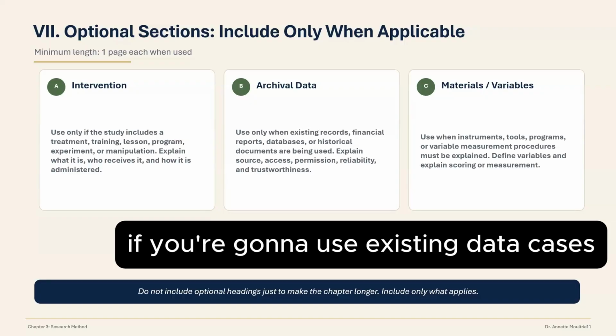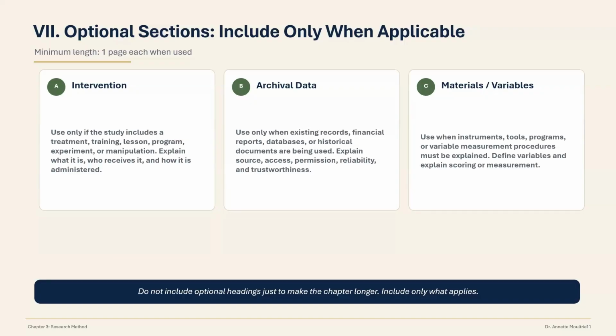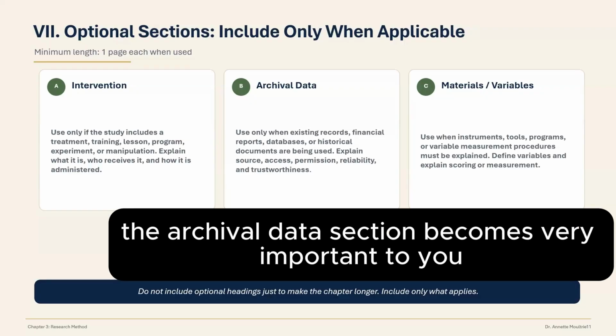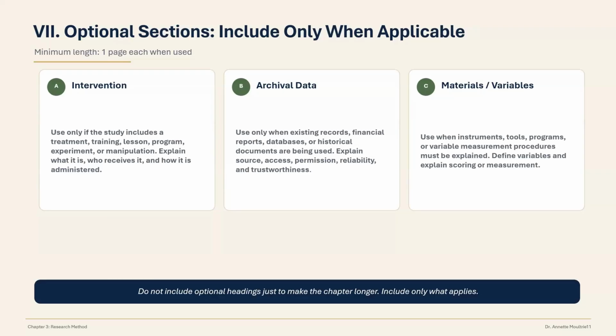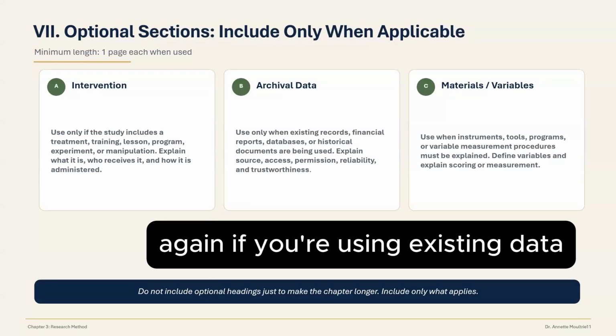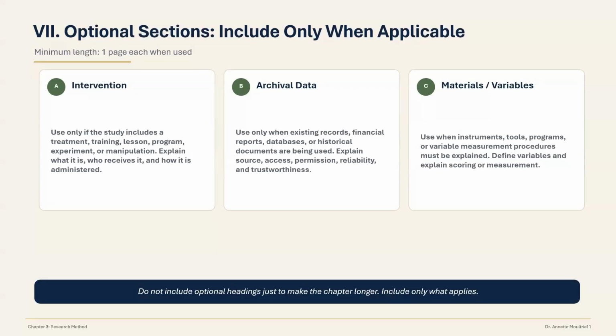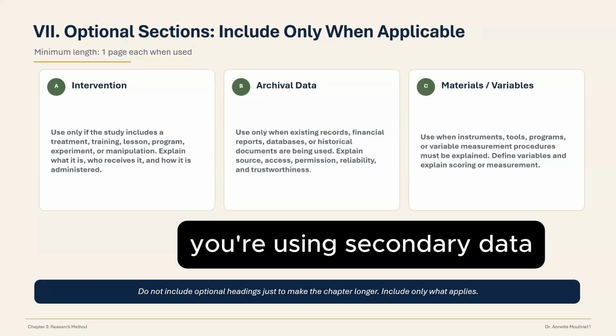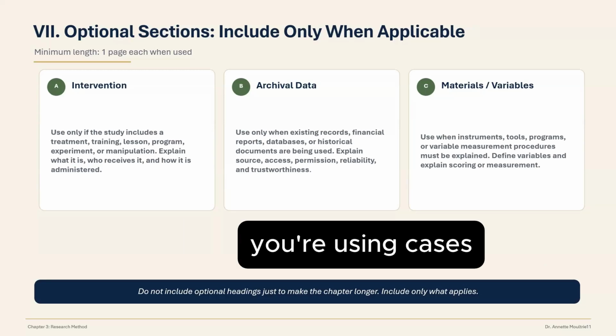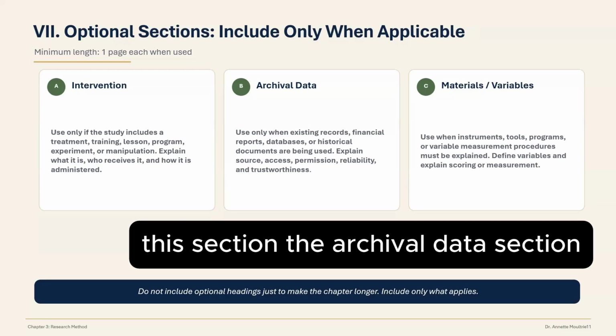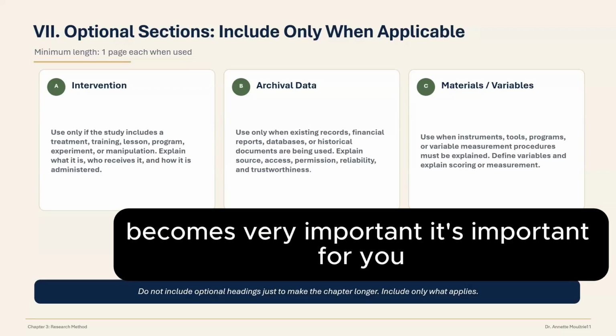If you're going to use existing data, cases, the archival data section becomes very important to you. Again, if you're using existing data, you're using secondary data, you're using cases, this section, the archival data section, becomes very important.